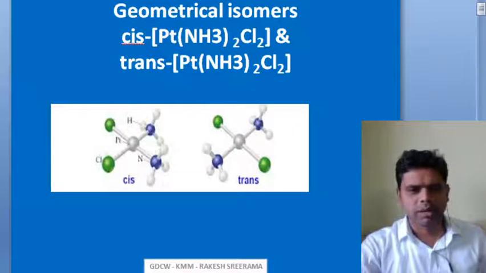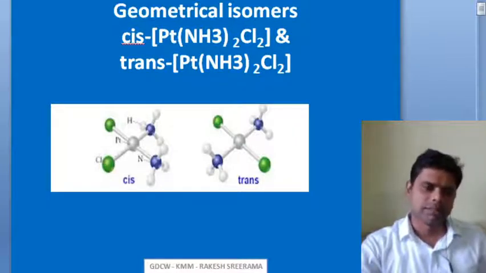In the second picture, the blue ball with the white balls, the blue ball is nitrogen with 3 hydrogens on it. So the blue ball parts are far apart. So when they are far apart, we call the isomer as what? Trans isomer. This is cis trans isomer in M(A2)B2 type of complex.